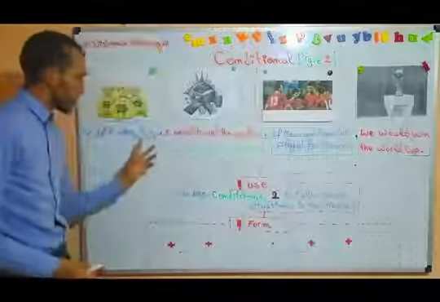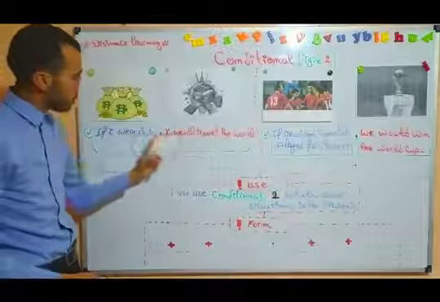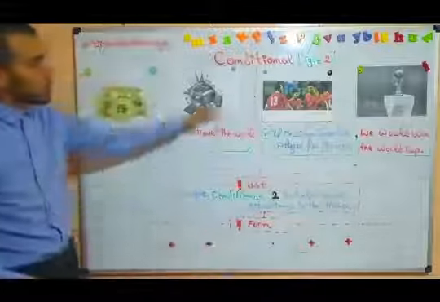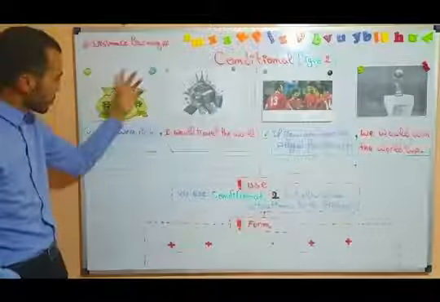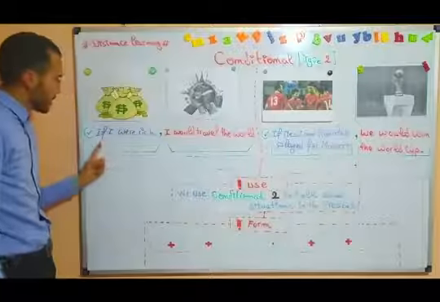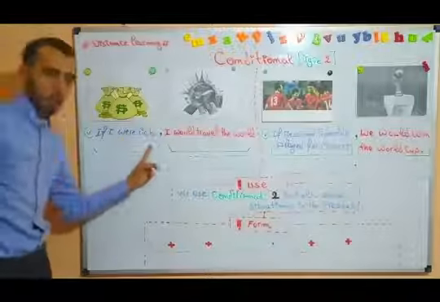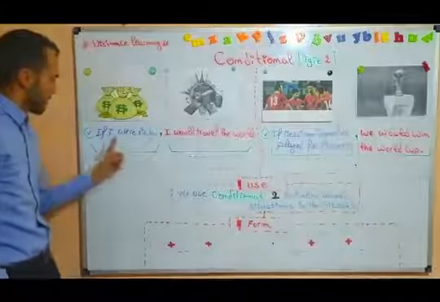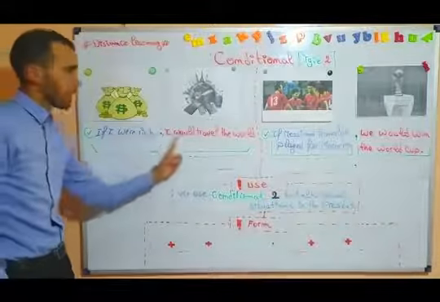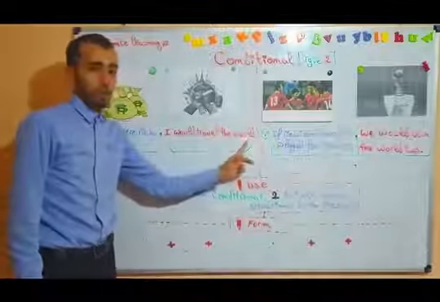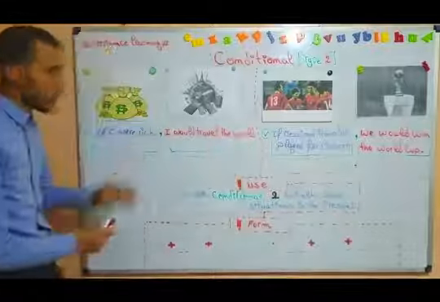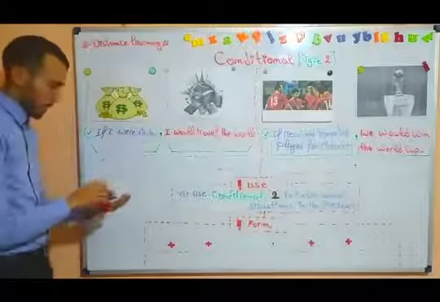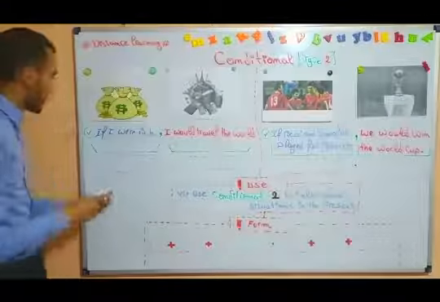So these are two examples of conditional type 2 sentences. Let's look at the first example. It says, if I were rich, I would travel the world. If I were rich, I would travel the world. So in terms of the form, you can see that the sentence includes two main parts.